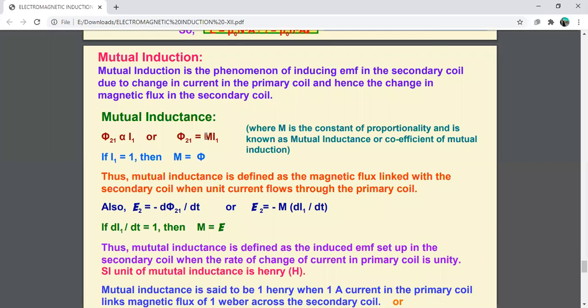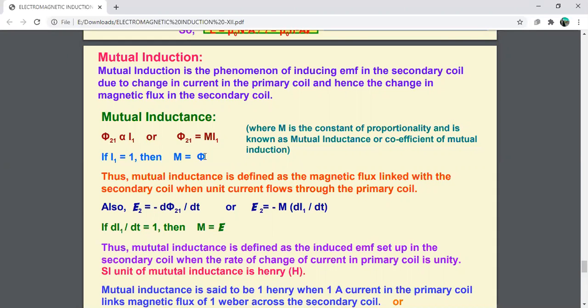Now, if I1 equals 1 ampere, then M equals phi. That is, mutual inductance or coefficient of mutual induction is defined as the magnetic flux linked with the secondary coil when there is unit current flowing through the primary coil.